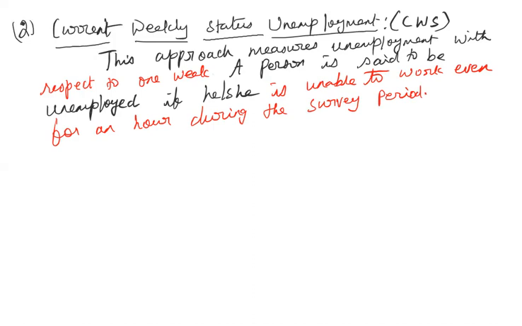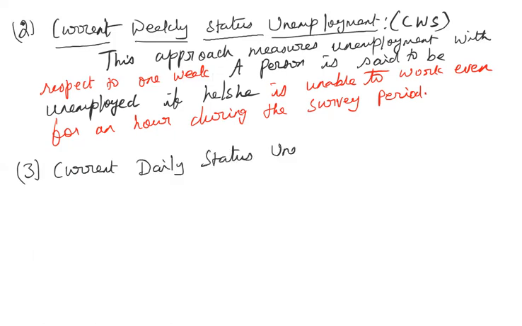Then the next one. The usual principal status, that is for 1 year, is broken into weekly status for convenience. That weekly status is again broken into daily status, that is, current daily status unemployment.